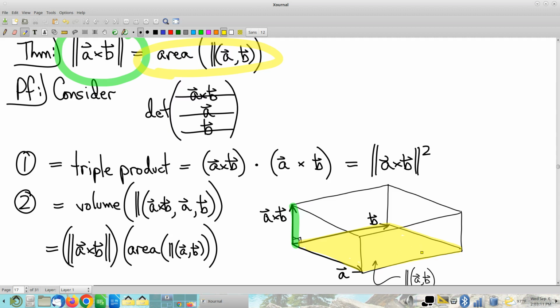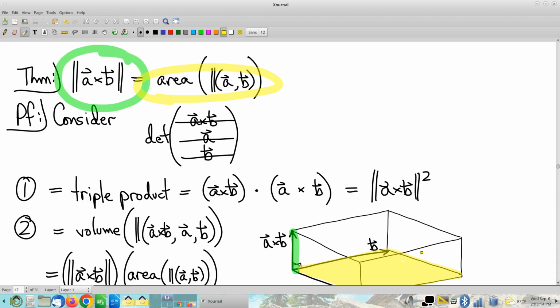Okay. Real quick, a notational observation. This notation here, which, by the way, is morally the same as this notation here. When you see two parallel lines followed by a list of vectors, it just means the parallel shape defined by those vectors. So here I have two vectors listed.